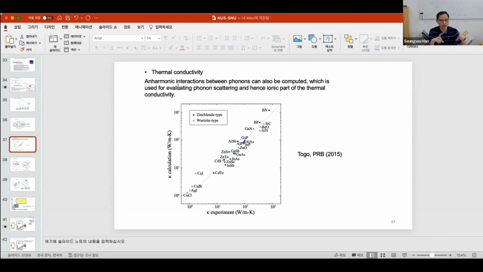You first calculate the harmonic property and anharmonic property with a set of finite differences: the force constants, or the derivative with respect to the displacement. You calculate those force constant matrices, and then you solve the Boltzmann transport equation. There are some methods that you can apply in calculating thermal conductivity.